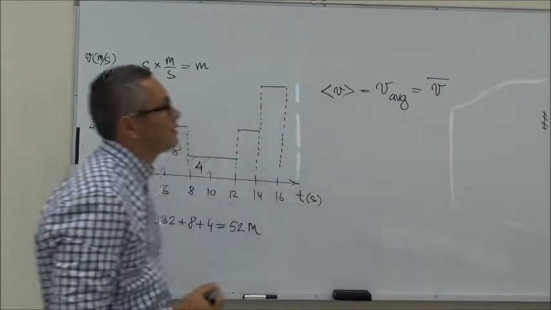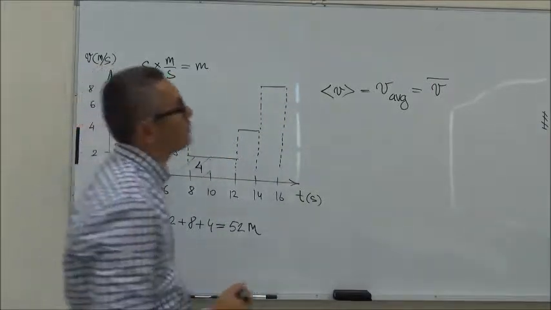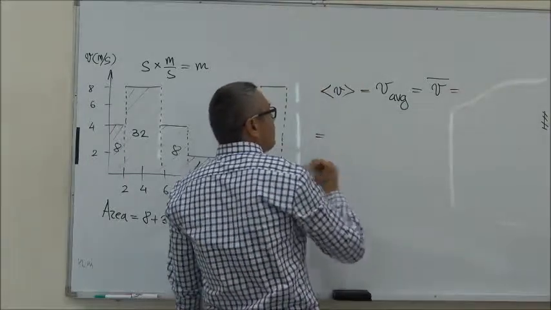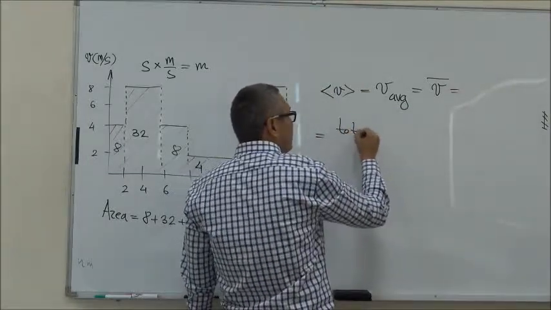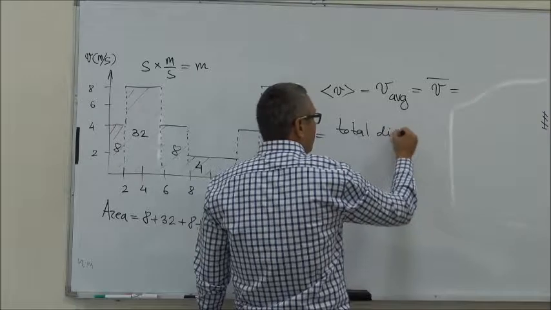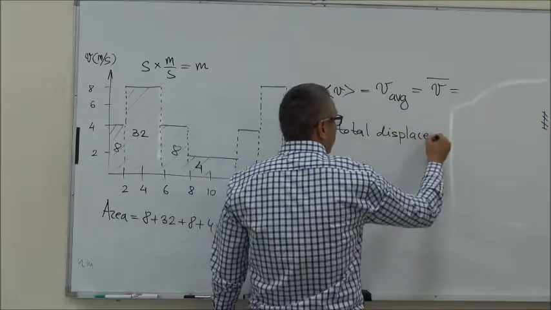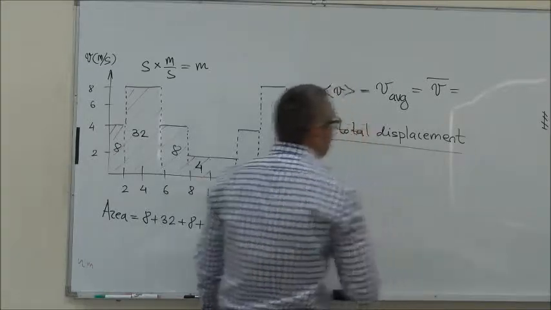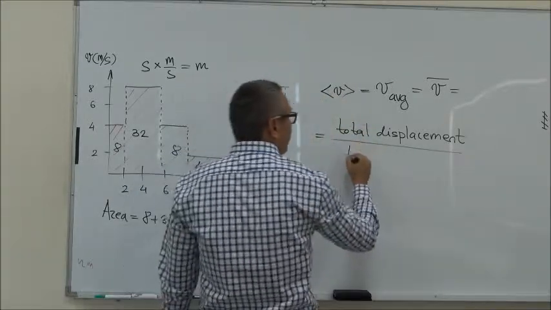So all of these are just different representations of the average. So the average velocity would be equal to the total displacement divided by the total time.